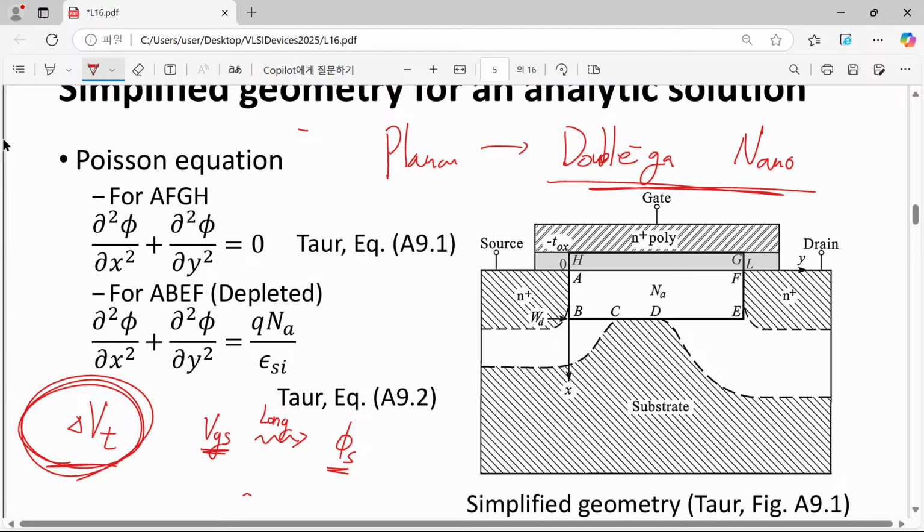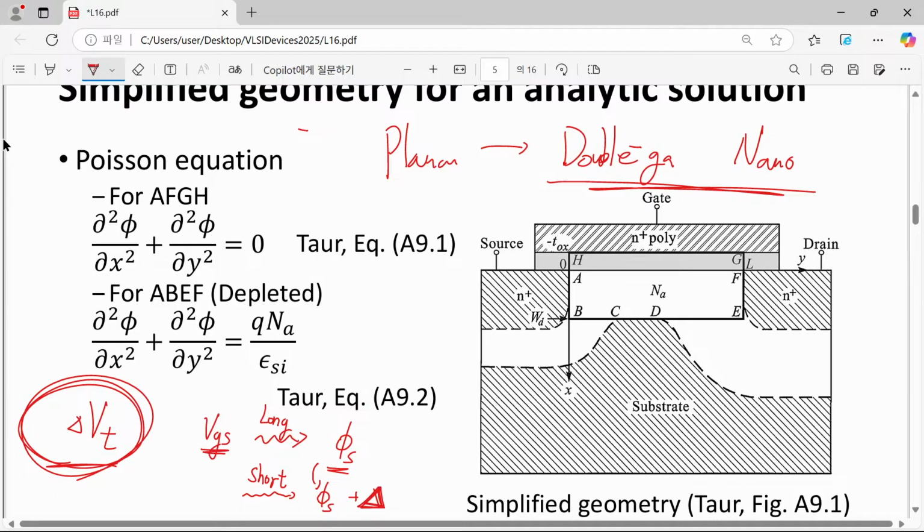And now when we make a relatively short channel device, then inside our transistor we can find that the surface potential is not equal to that of a long channel device. It has a little additional value in threshold voltage.